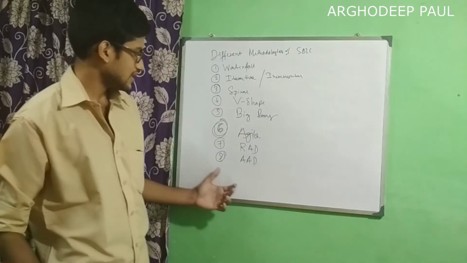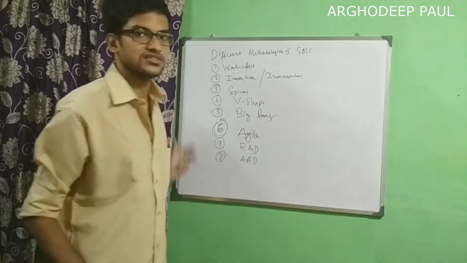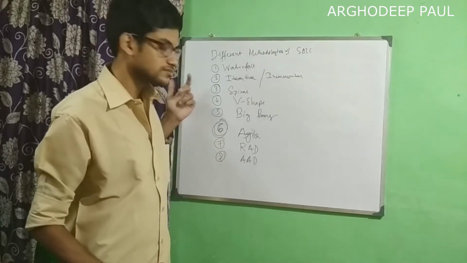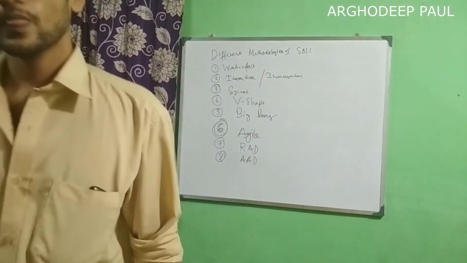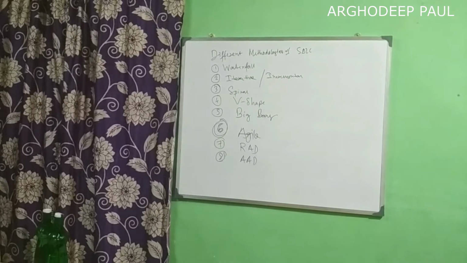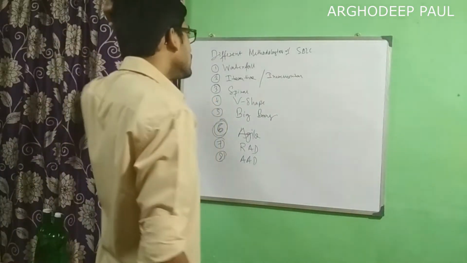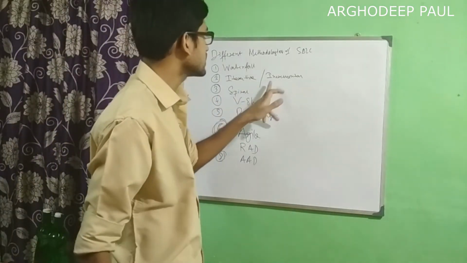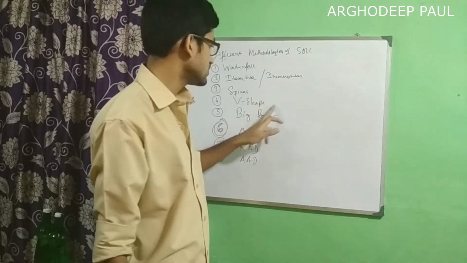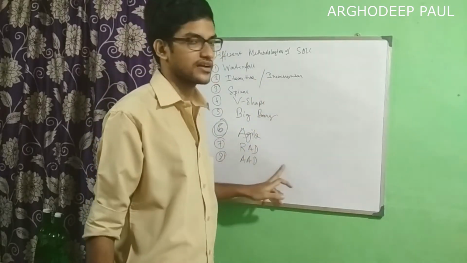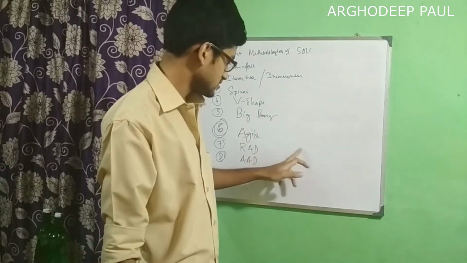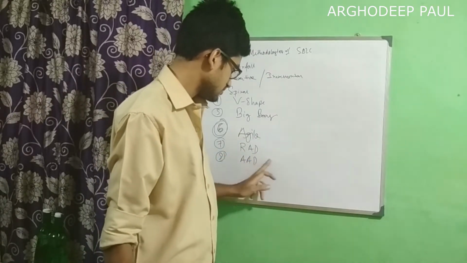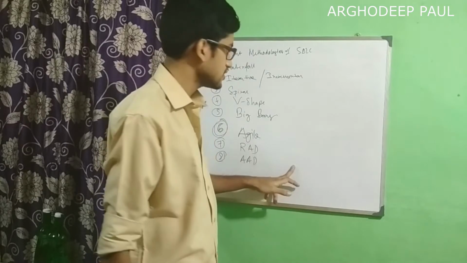These are the main 8 methodologies: waterfall, iterative or incremental, spiral, V-shape, Big Bang, agile, RAD and AAD. RAD means rapid application development. AAD means adaptive application development.